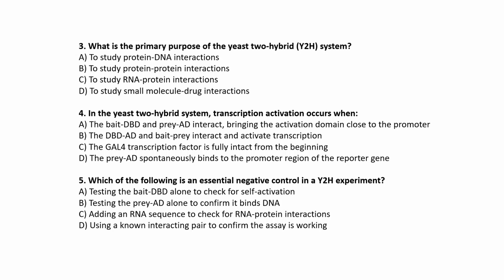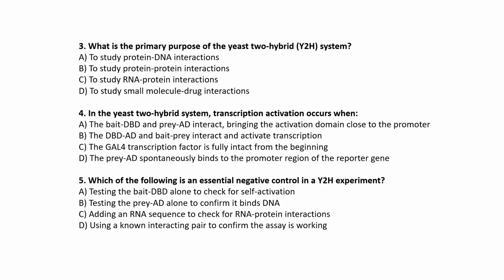So in this kind of experiment also, you would need a negative control. If you're setting up a new yeast two-hybrid experiment, you would need to make sure that there is no self-activation. Because there might be some low level baseline transcription activation just happening. What if DBD and AD are just coming close to one another at baseline level and causing activation?